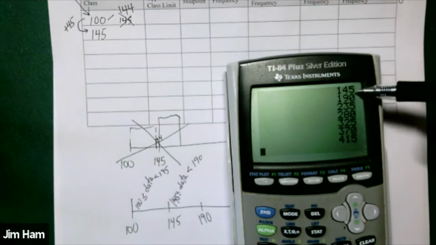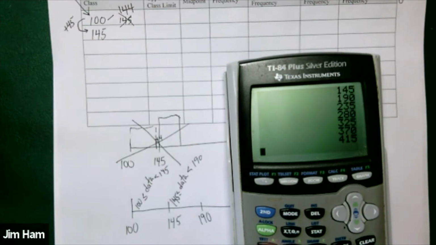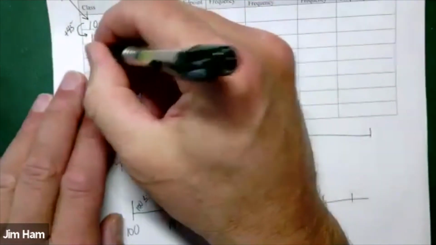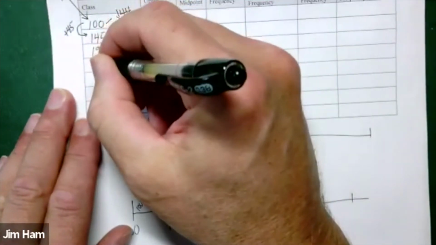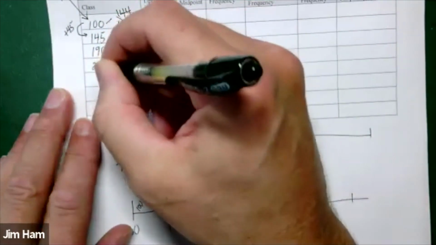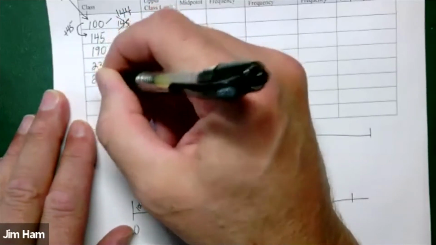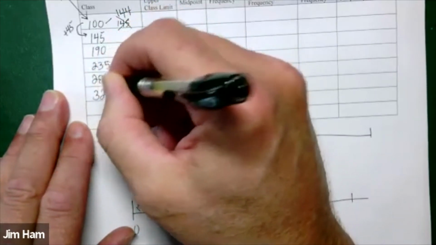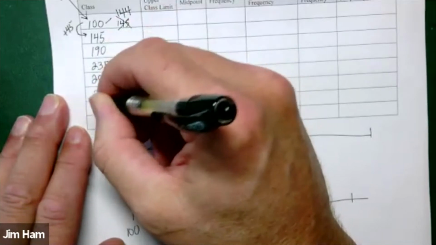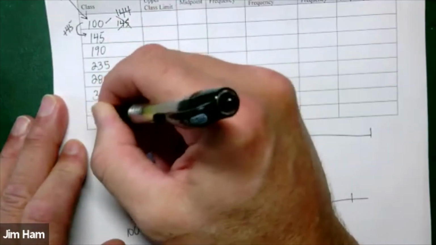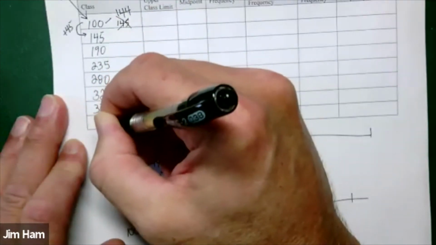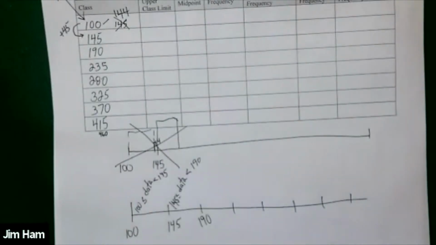So I'm going to enter these numbers as our lower limits over here. 190, 235, 280, 325, 370, and then 415.